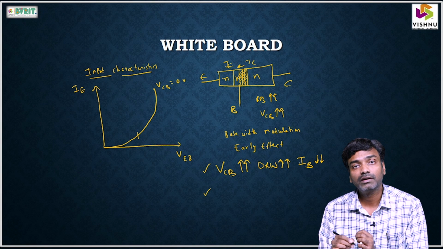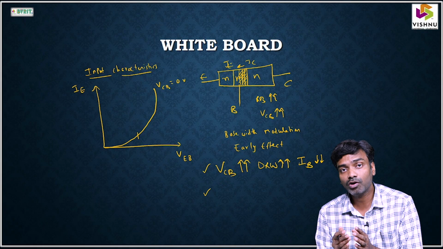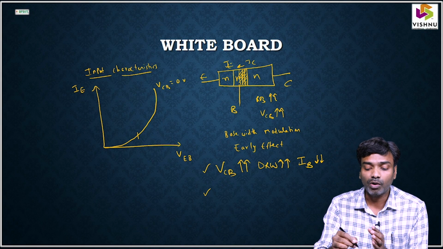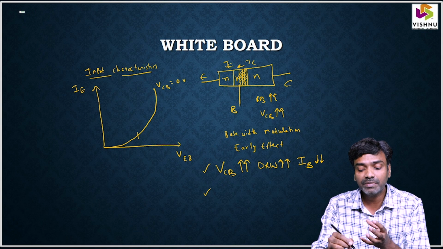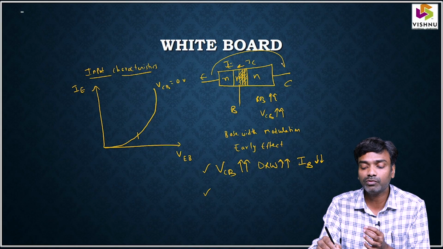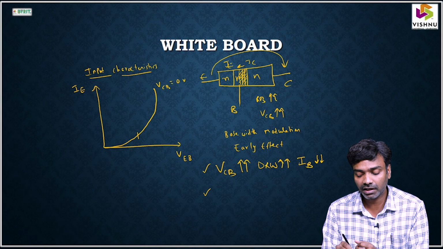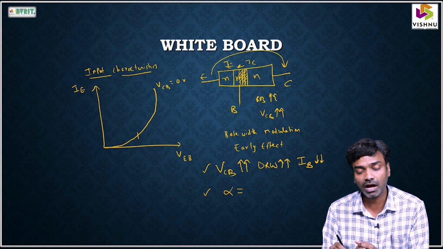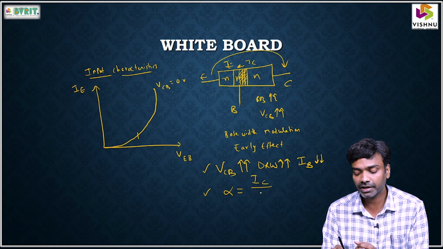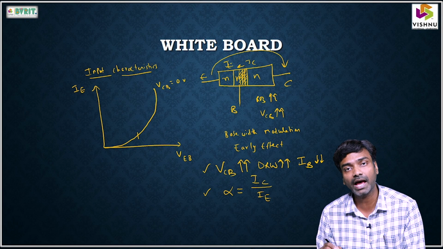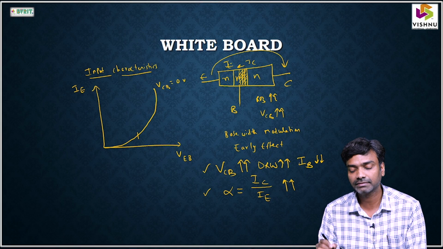Of course, when the base recombination is less, whatever charge carriers are emitted at the emitter terminal will flow towards the collector terminal, which means that the gain in this configuration, which is alpha, the ratio of output current to input current, IC by IE, will increase.